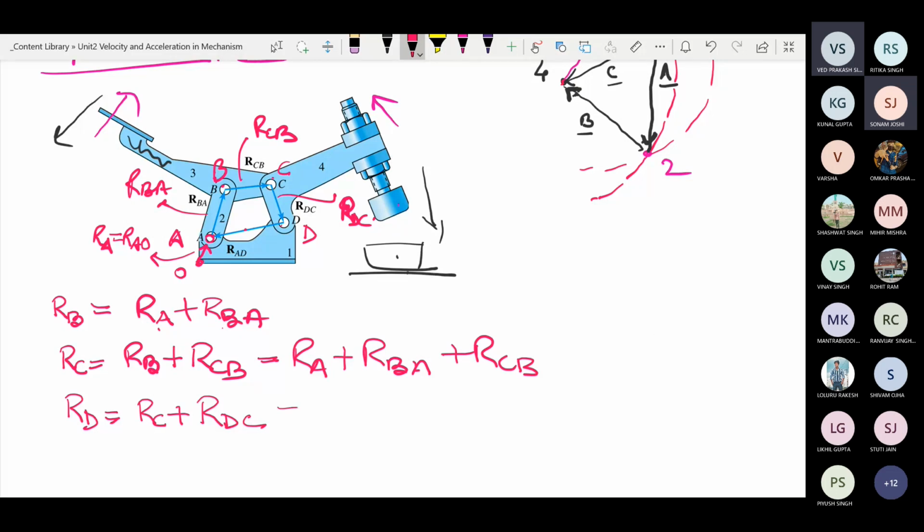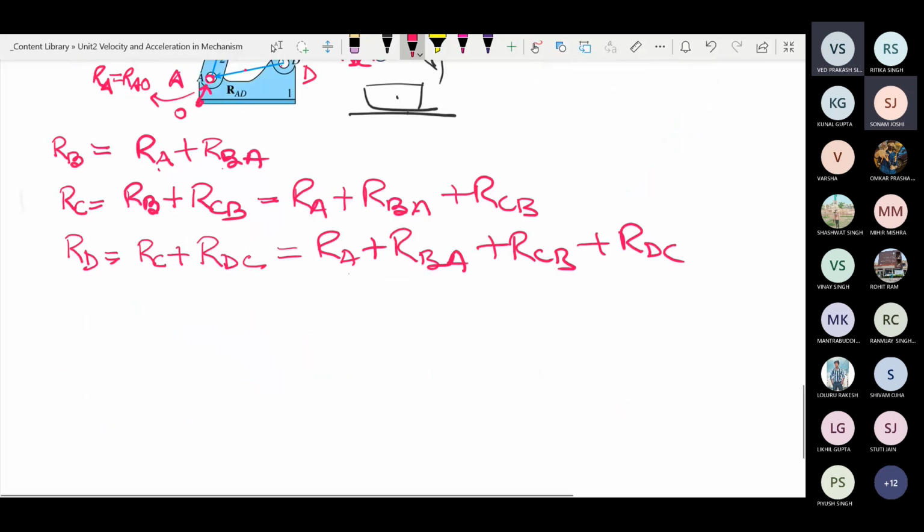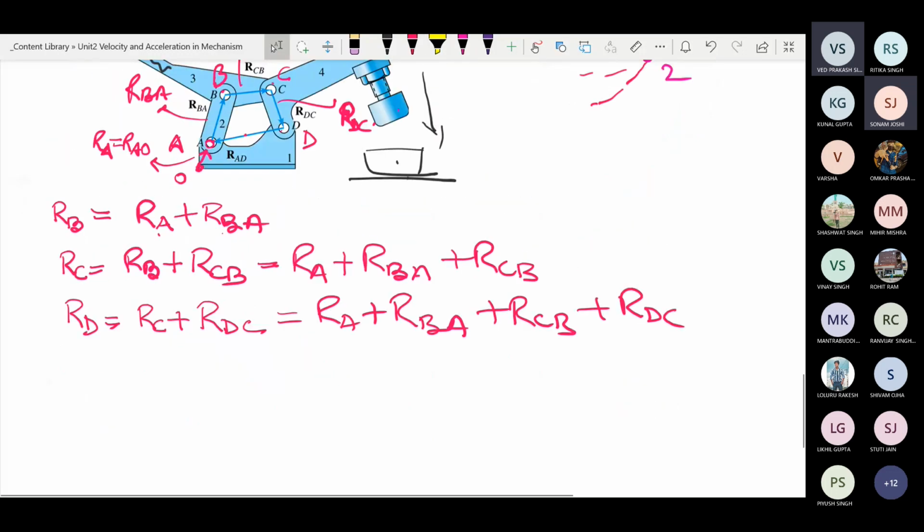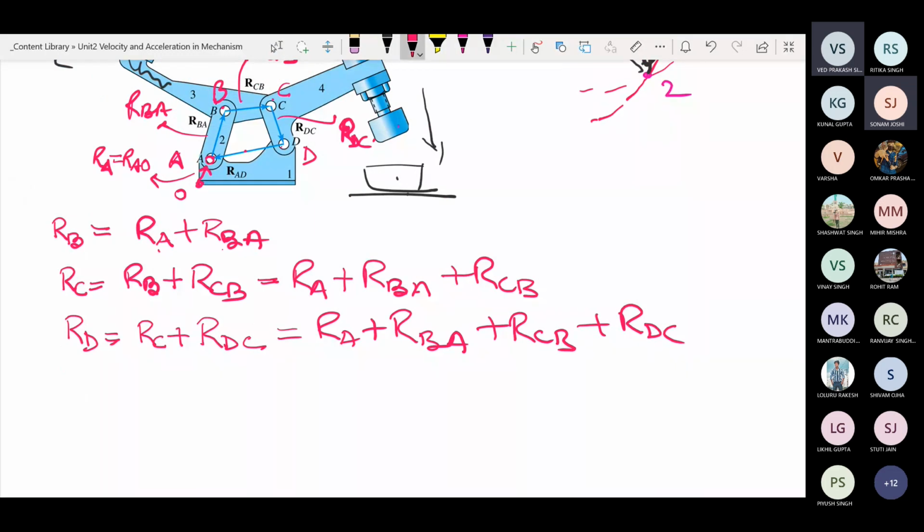And now RC I have written as RA plus RBA plus RCB, and plus RDC. Okay. Still, our loop is not complete because we started from point A. So we are supposed to come back to point A. So for point A I will write RA. RA is equal to how much?